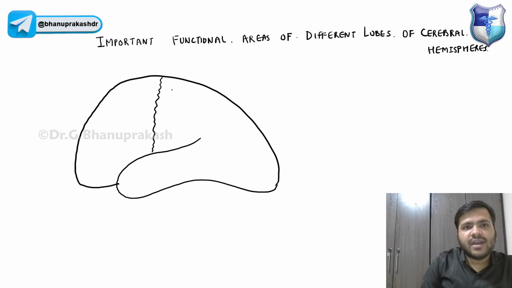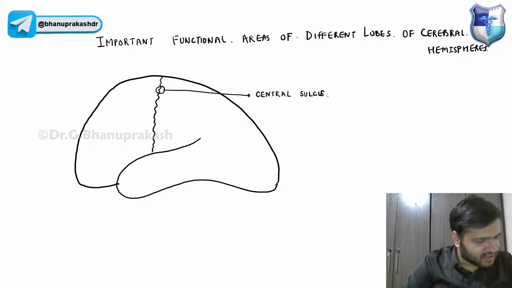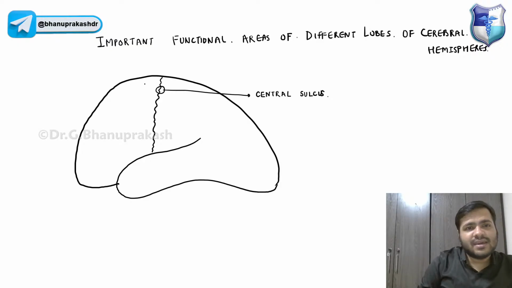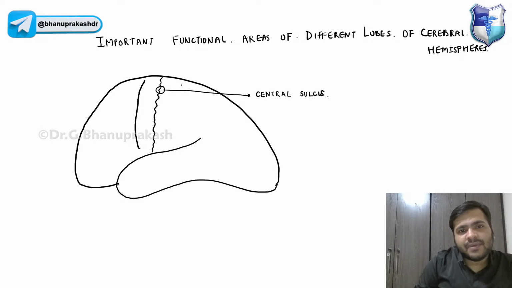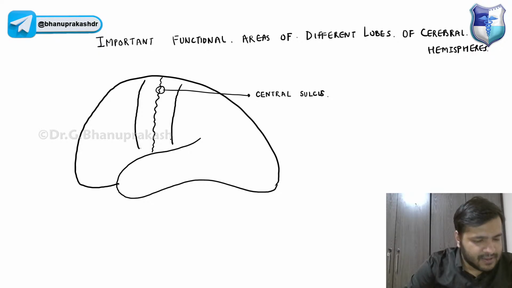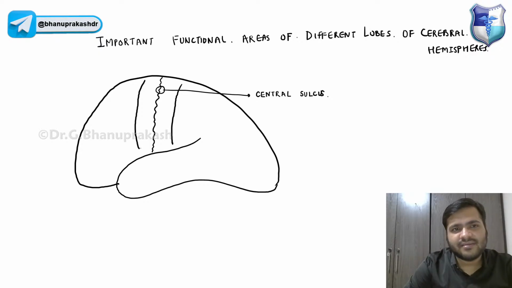So you already know we have this central sulcus, yes, very good, EREN, Raj Patel. Now guys, you can see in front we have one sulcus that is called as the pre-central sulcus, and behind we have the post-central sulcus. Pre-central sulcus and the post-central sulcus.